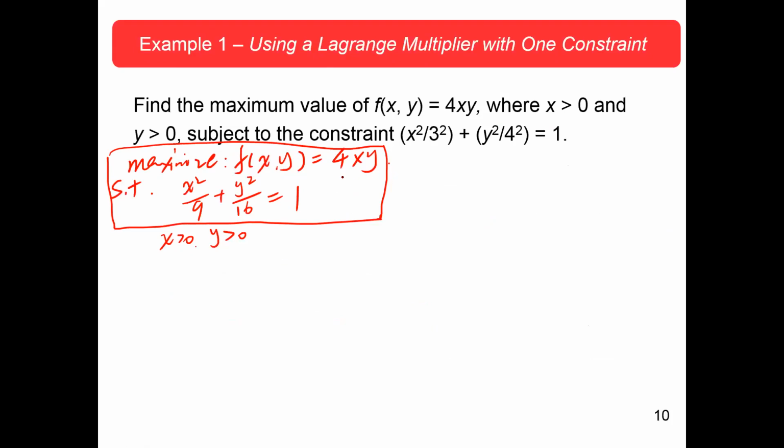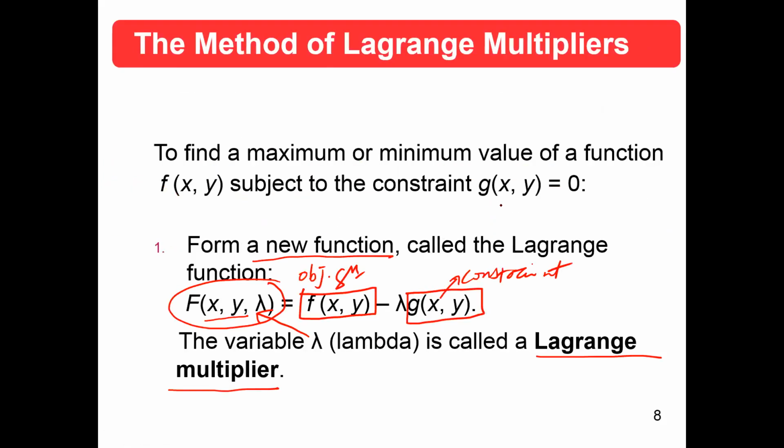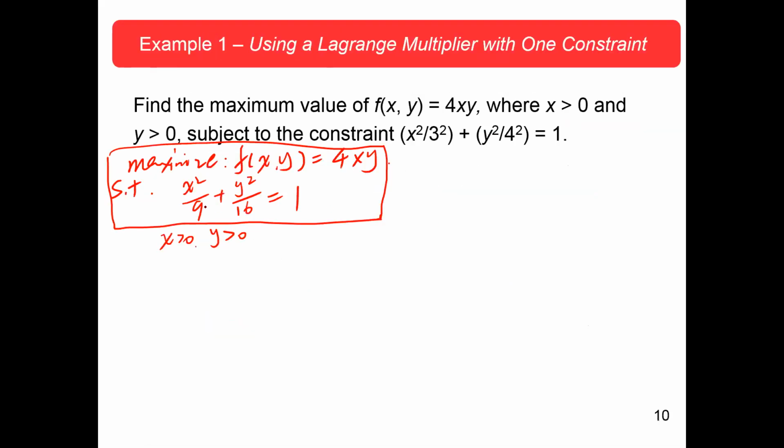The area? Oh, this is the objective function. Okay, this is the objective. The constraint is about this, right? This is the constraint. Now, when we are using Lagrange multiplier, the constraint function needs to be g of x y equal to 0, so the right-hand side needs to be 0. Let's first change the look of this.